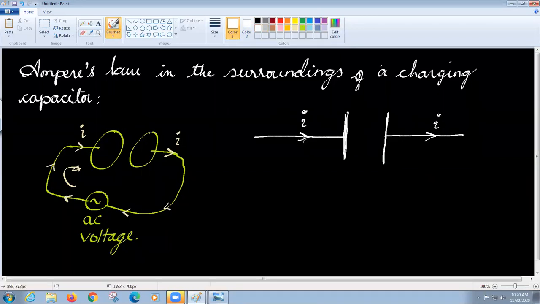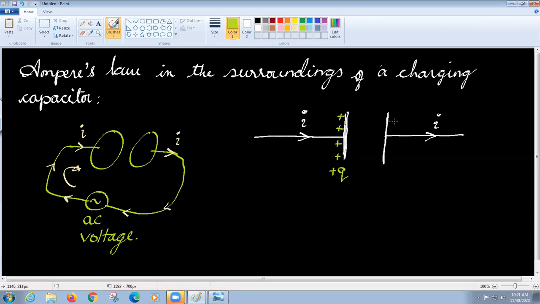Now the positive charge gets increased on this plate. When the current is entering, it will deposit positive charge on the plate. The entering current will always deposit positive charge. Therefore I could say positive charge is increasing on one plate.